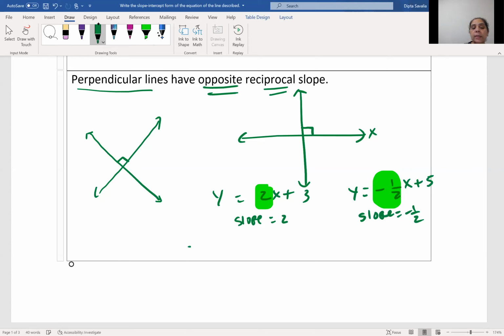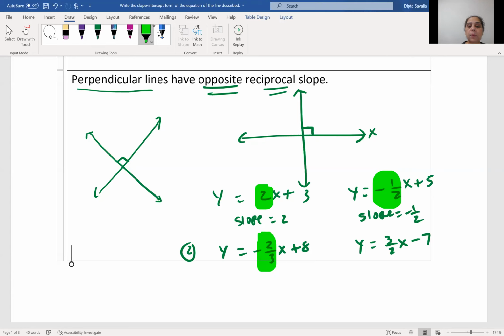Let's take a second example. Let's say we have y equals negative 2/3 x plus 8, and here we have 3/2 x minus 7. So what we can see here, the slope is negative 2/3 and here it is 3/2. What is the reciprocal of negative 2/3?